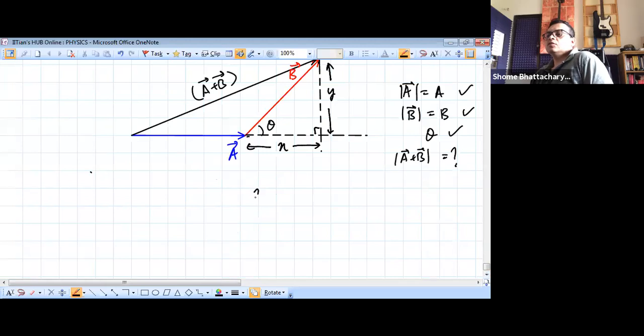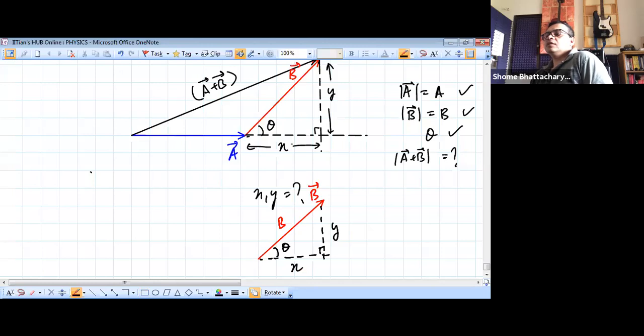So first of all, we will investigate what is the value of X and Y in this diagram. So how will we calculate X and Y? By considering this right angle triangle. Which one? The one whose hypotenuse is B. So in this diagram you can see that this side is B. So this is the vector B. What is its magnitude? It's just the magnitude of B. This is Y, this is X. Most importantly, this angle is theta.